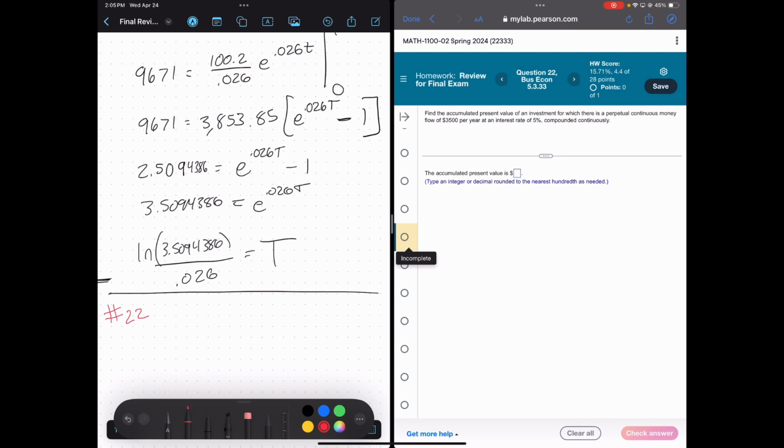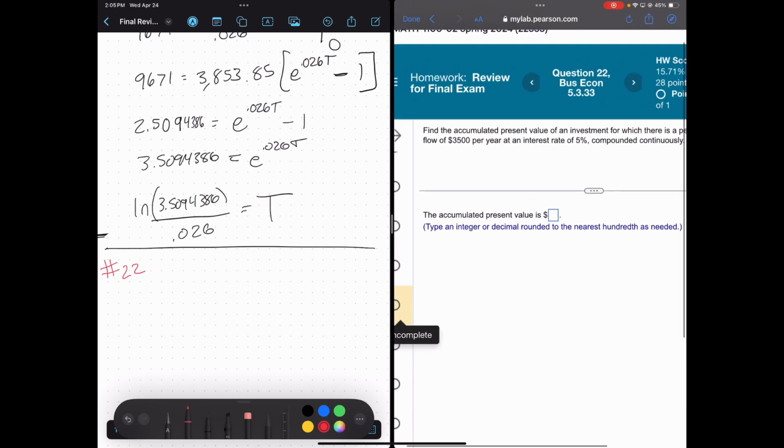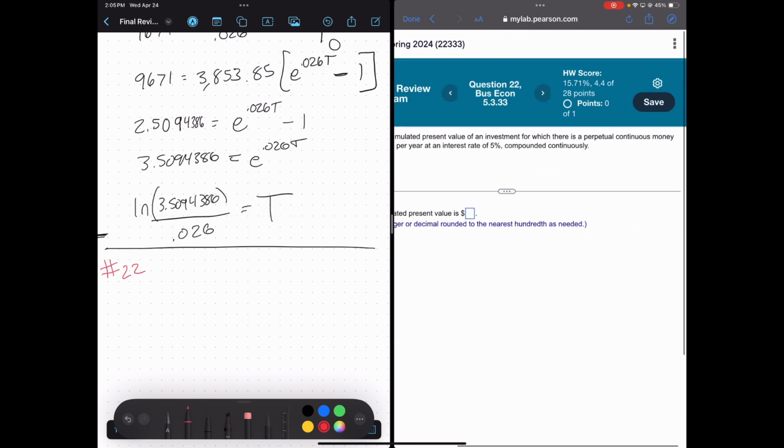Perpetual continuous money flow? Yeah, it means I'm letting it go on forever, right? There's no set end time.